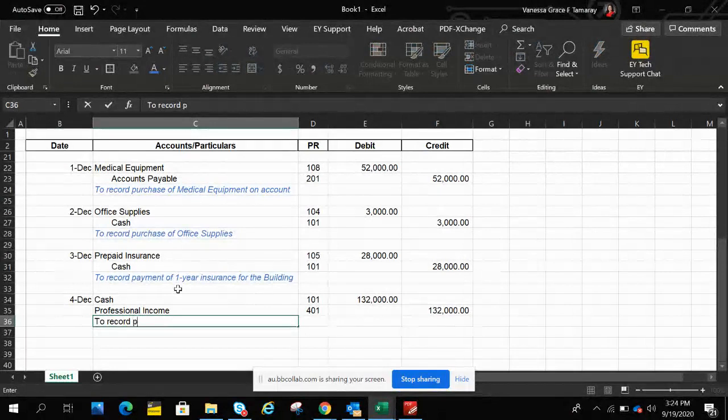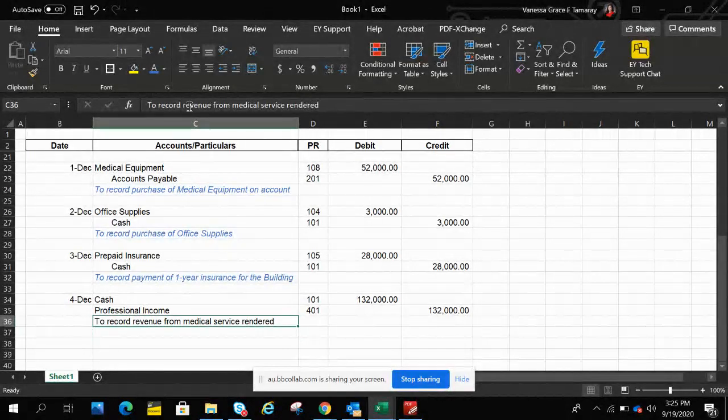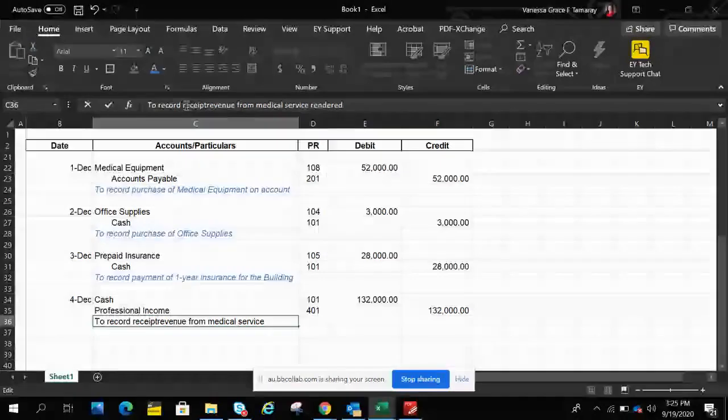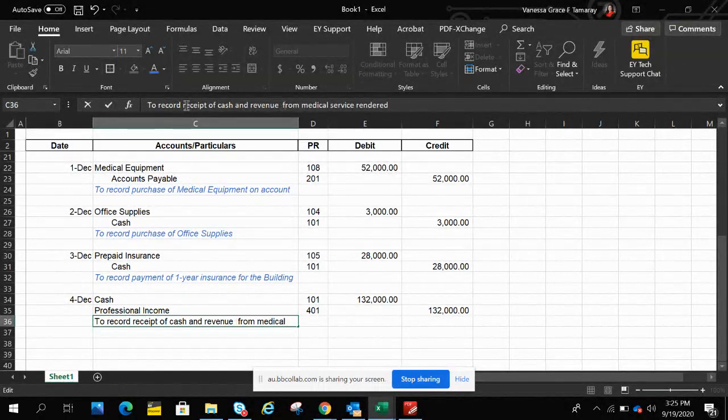Record revenue from services. Receipt of cash. And revenue.